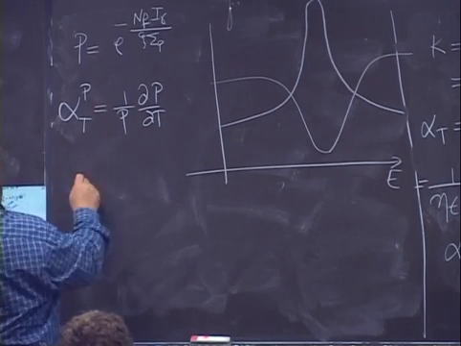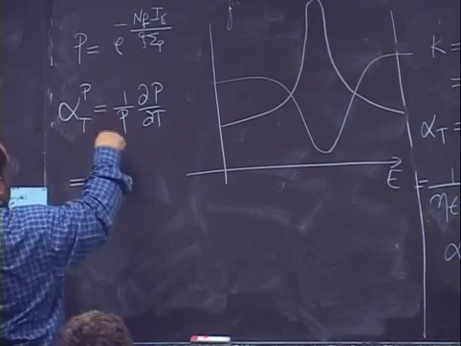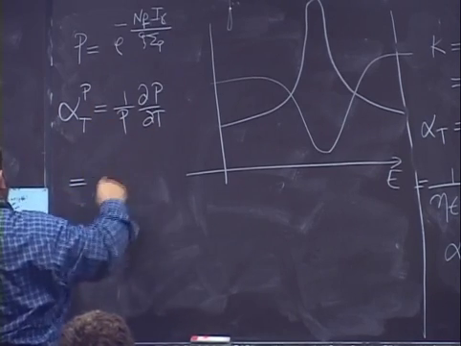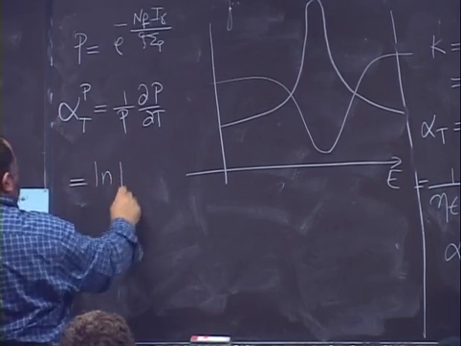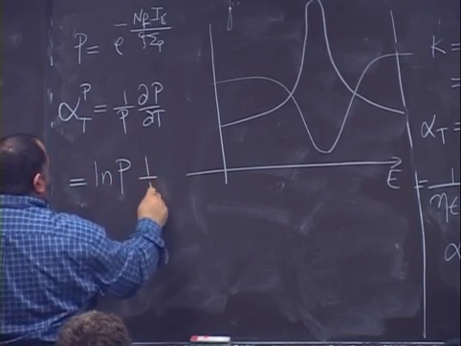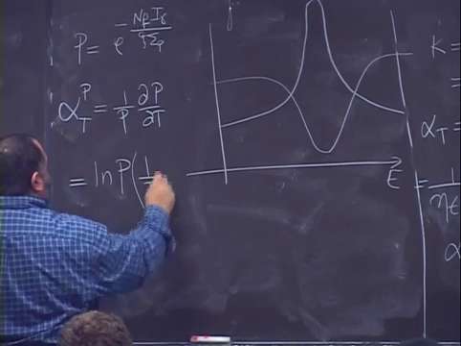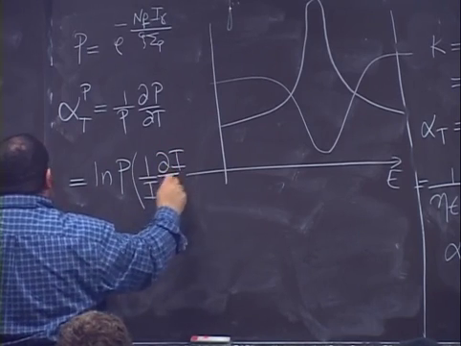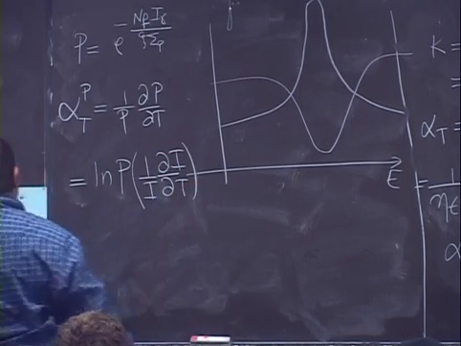If you do this substitution for P and dP by dT, it will give you ln P multiplied by 1 over I dI by dT.